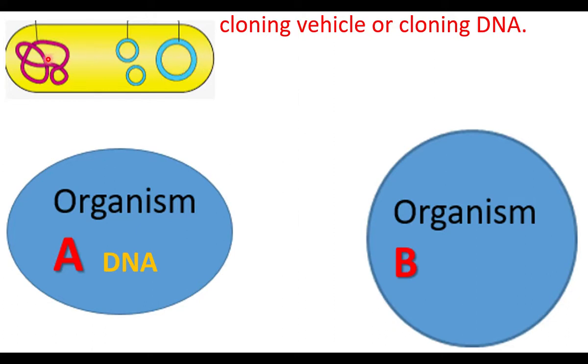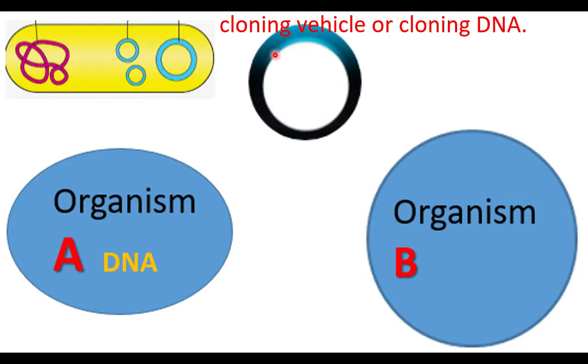This is the genetic DNA of a bacterial cell, and the plasmids are extrachromosomal DNAs. The plasmids are taken out. They are circular, double-stranded DNA. They can replicate and make copies of themselves. A plasmid can replicate independently.